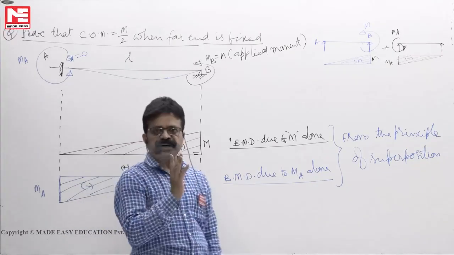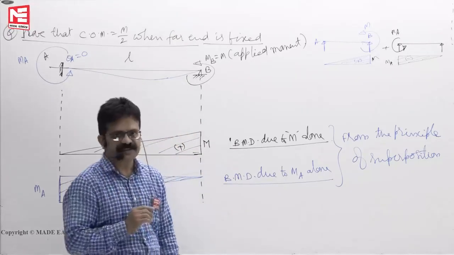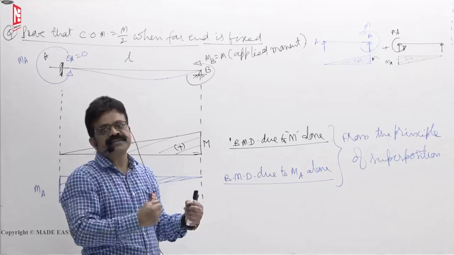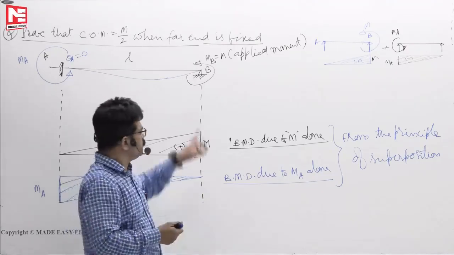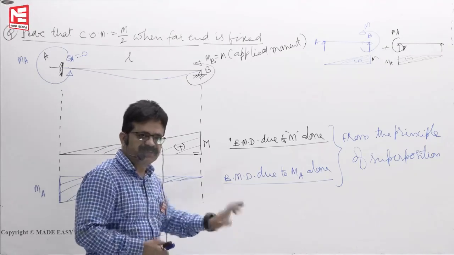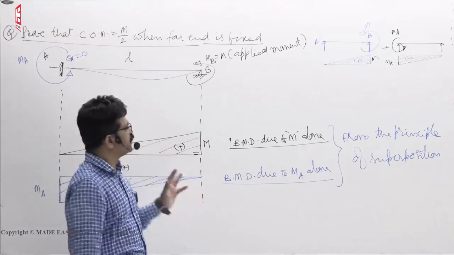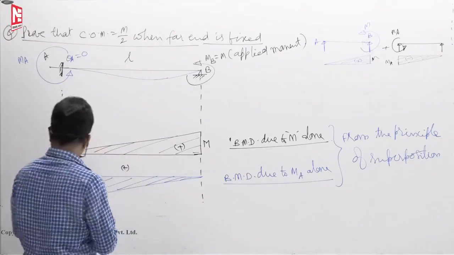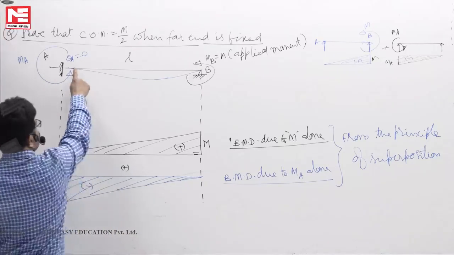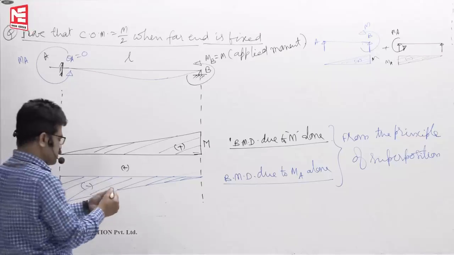Then it can be completed in 1 minute time itself. That is advantage of moment area method. So to take the advantage of moment area method, we split the bend moment diagrams where each bend moment diagram is easy to manage.